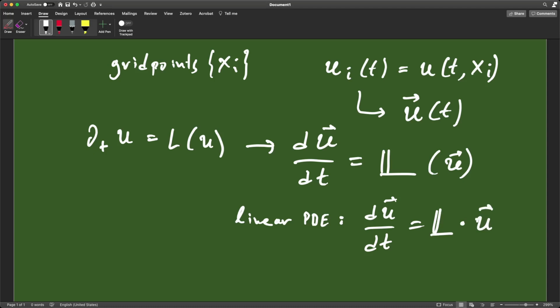In the nonlinear case, L will also be a matrix, but L itself may depend on u, like in the Burgers' equation that we saw before.